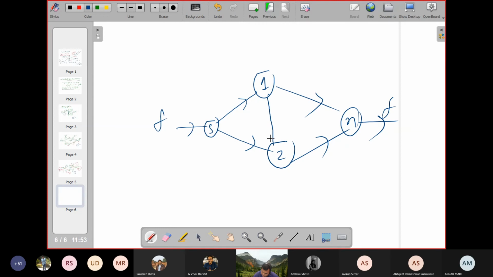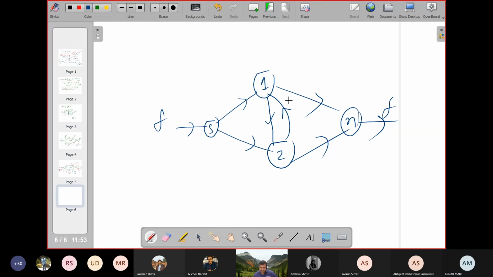How do we apply the Ford Fulkerson labeling routine to this? We can replace that undirected edge by two directed edges in opposite directions, both with the same capacity.